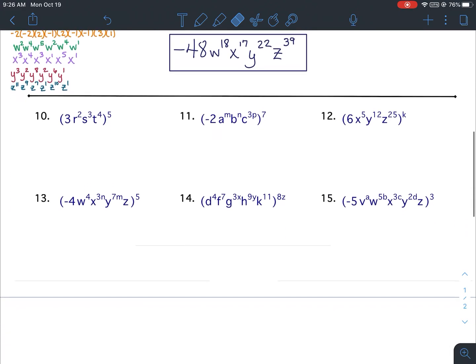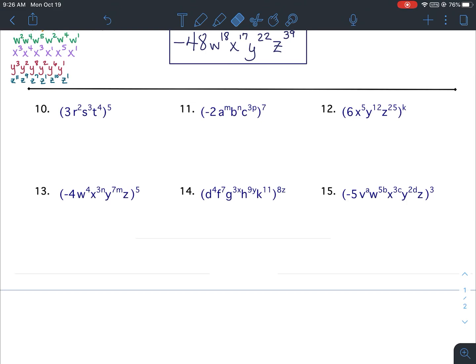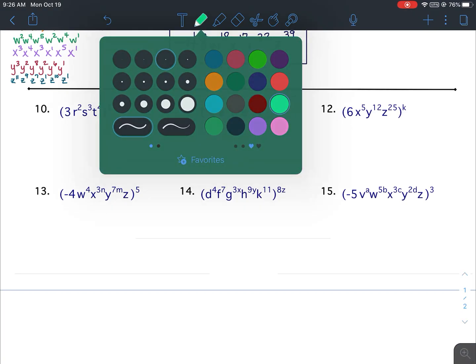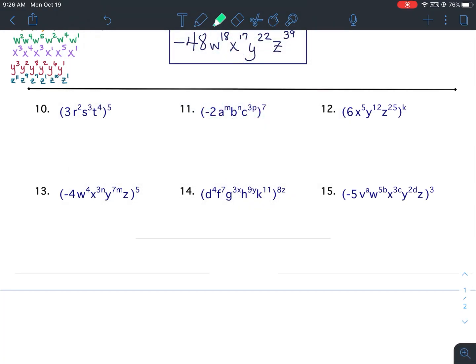For the bottom half, the first thing you want to do is off to the side put your coefficient raised to the exponent. For instance, in this first one, I'm going to take the 3 and raise it to the 5 off to the side. So I'm going to take 3 in parentheses and put it to the 5th. For 11, I've got -2 raised to the 7th.